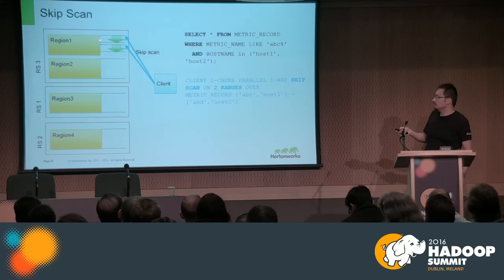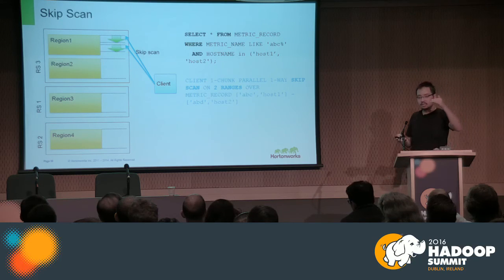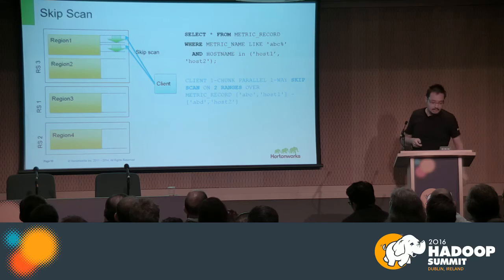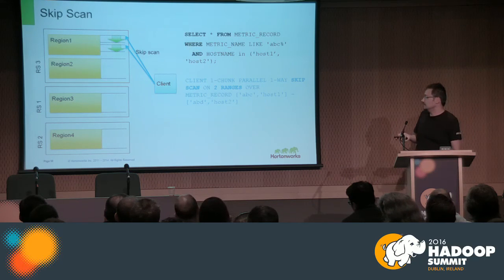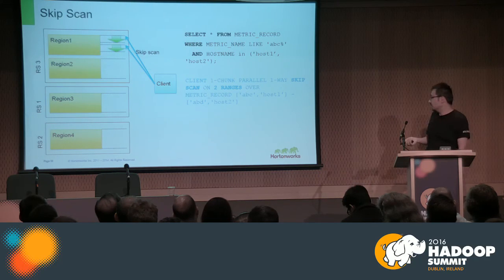After the match is finished, it will seek to the next available match, which would be ABD host 2, right? So this scan will actually skip the records that it knows where to skip, and it computes the next skip point using the HFile indices that are stored in the HFiles inside the regions, right?